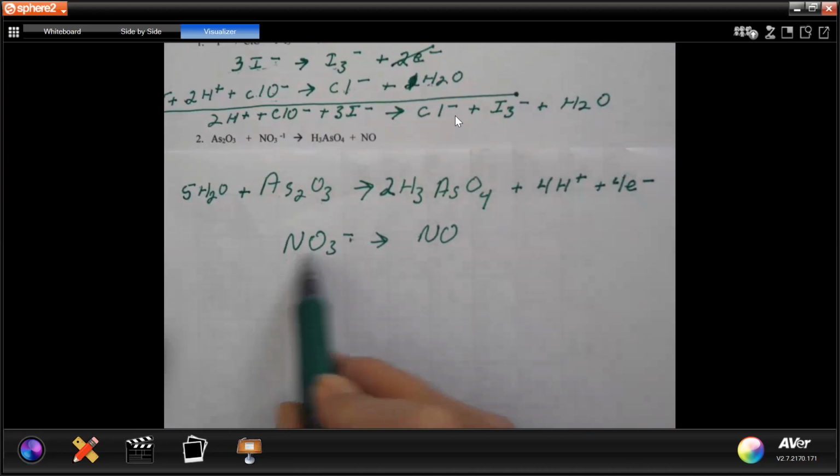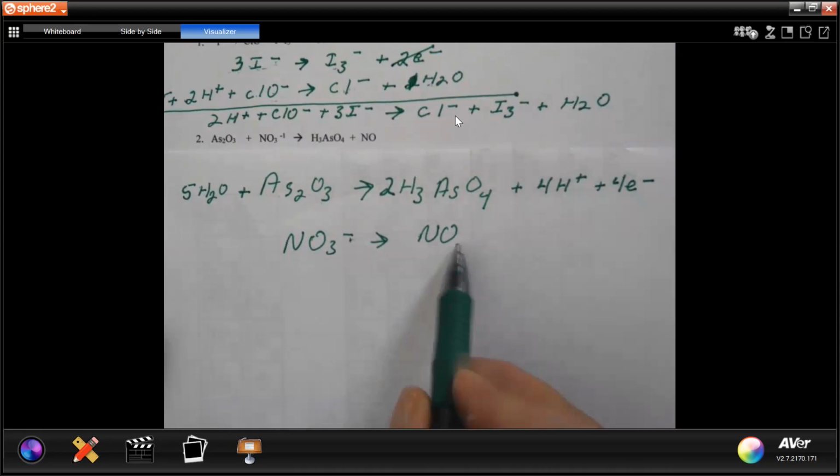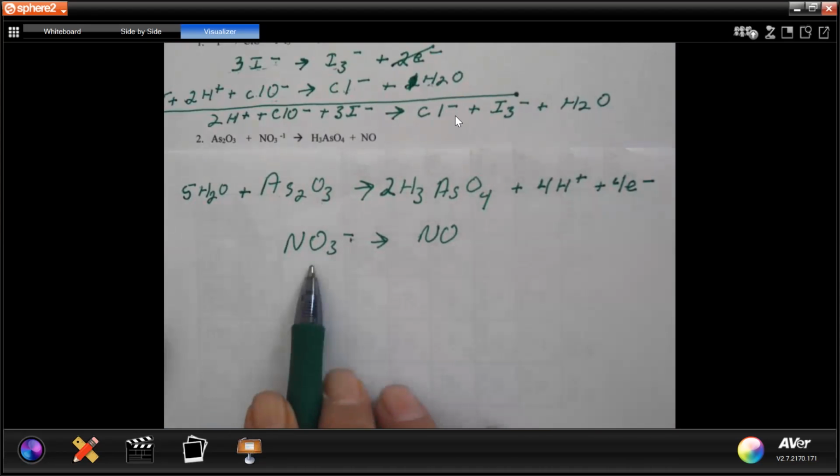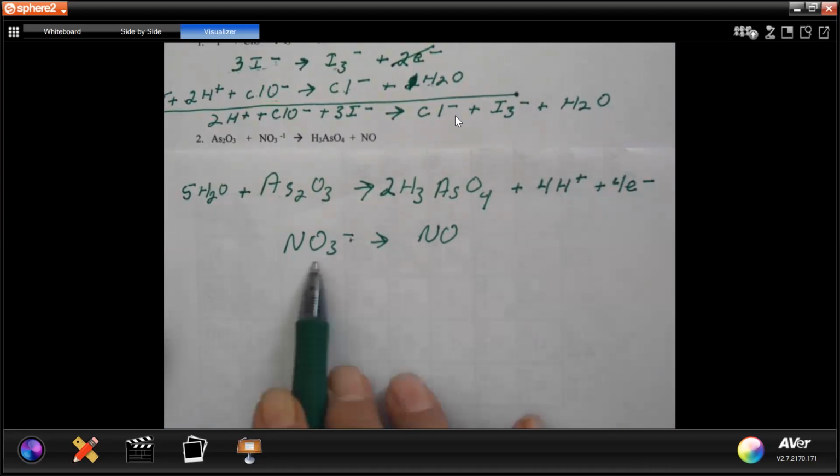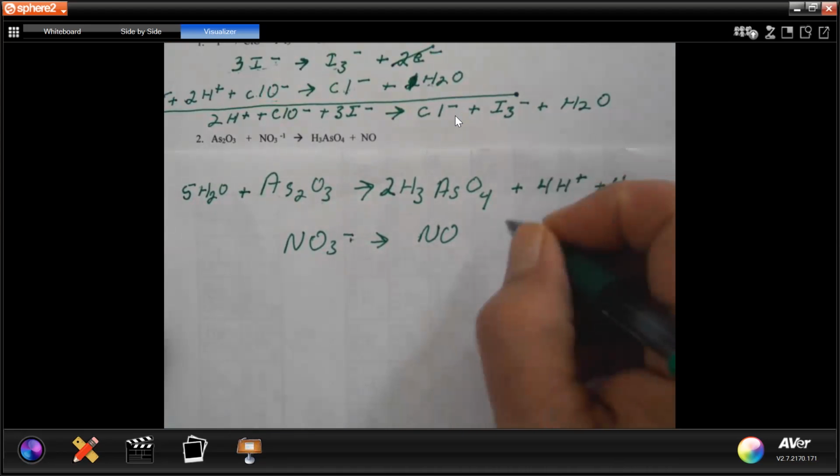Now I'm going to do the same thing for this one down here. I've got NO3 with a negative charge here, and I have NO here. So the first thing I need to do is add some water to make the oxygen equal on both sides.